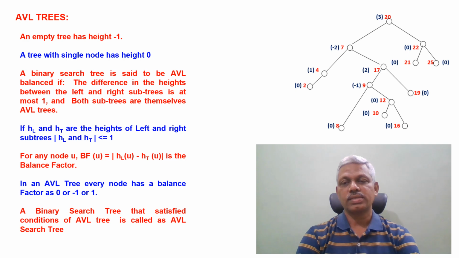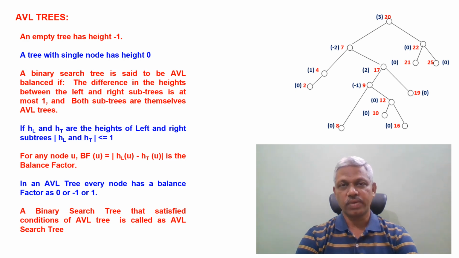Here we'll look into an example. The tree has several vertices and balance factors are depicted in brackets. If you observe the leaf nodes, all of them have balance factors of 0 because there are no left and right children for them.